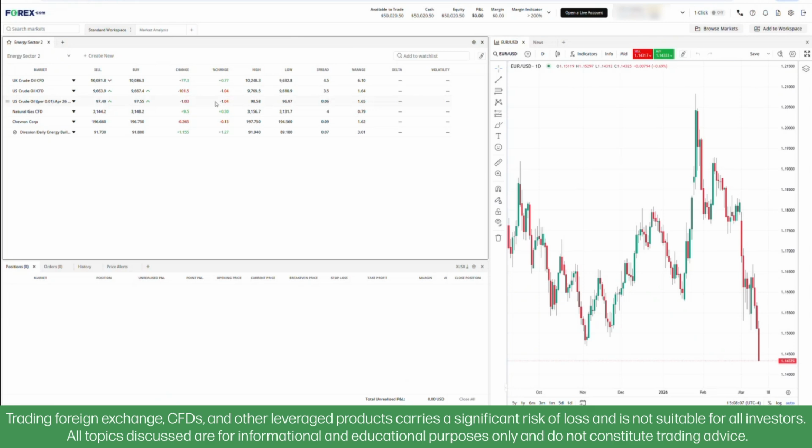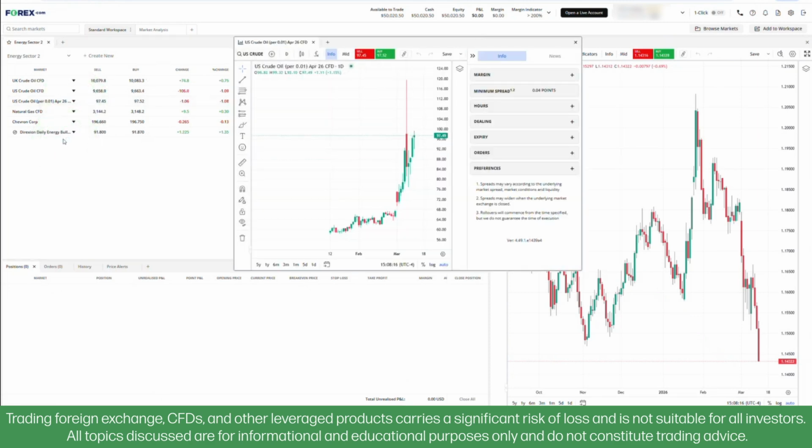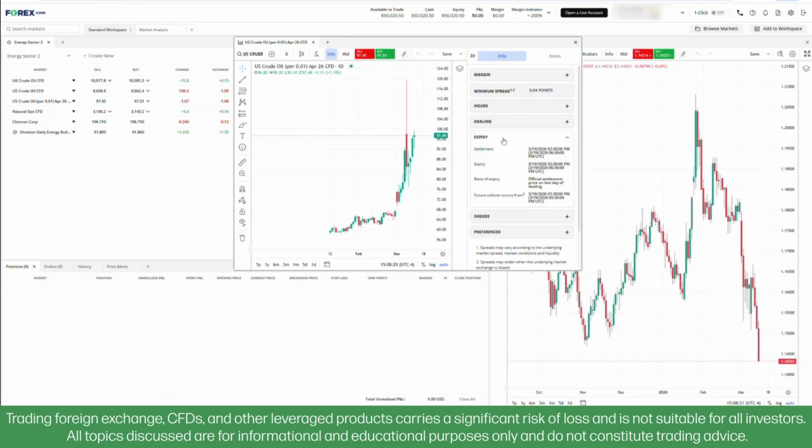If we go back to the watch list and look at the US crude oil CFD future, you can see by clicking on open market info that this market has an expiry compared to the US crude oil CFD. If we click on expiry, it tells you settlement, expiry, etc. And so you can go ahead and adjust your trading needs based on the specific market that you're looking for here.